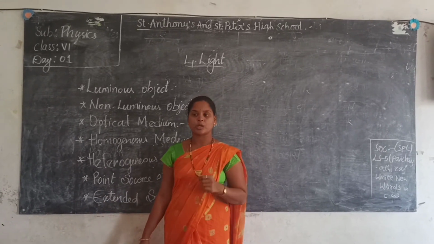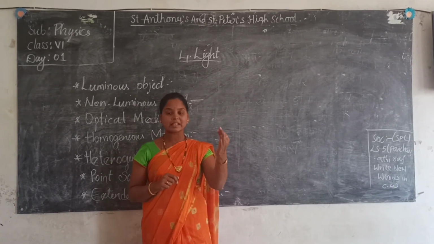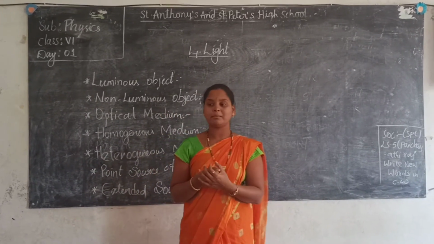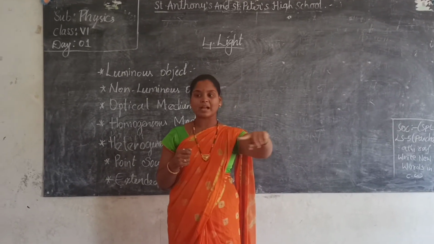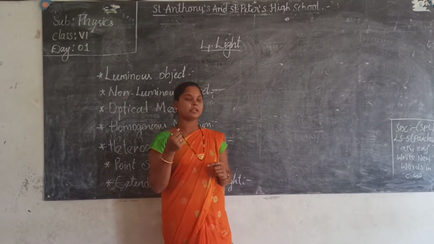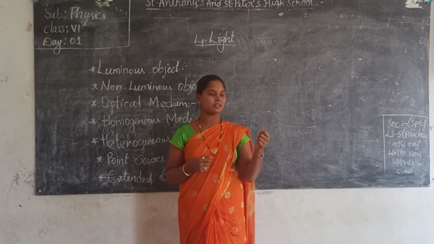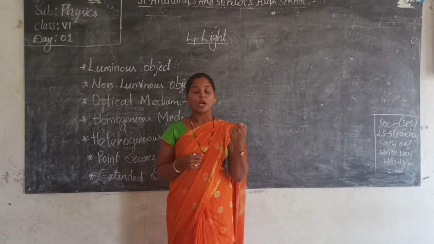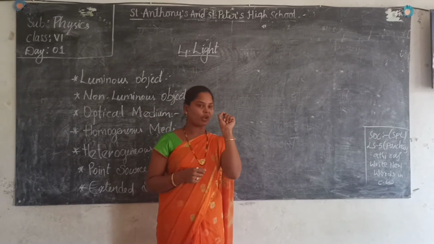For example, take a torch light. Take a black paper, make a hole in it and cover the torch with the black paper. What will you see then? A ray of light will be coming from the torch. The best example is LED lights and laser lights. Only a very small dot, no?